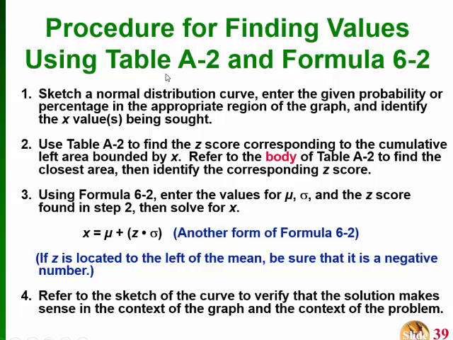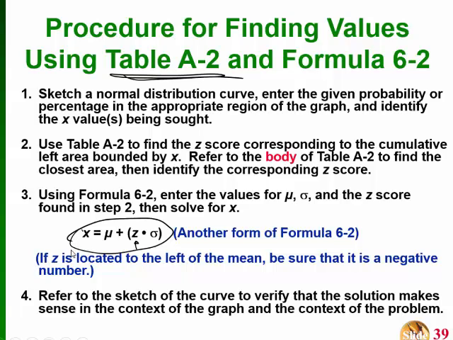Again, this is a step-by-step process if you're trying to find the x value or a particular value using the table. We're not going to use a table. Just to keep in mind though, they took their z-score formula, and instead of having z equals, they solve for x, and then they use some simple algebra there to solve for x. Okay, so that's where that comes from.